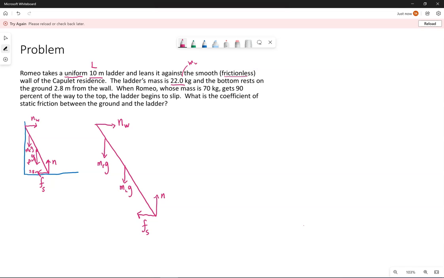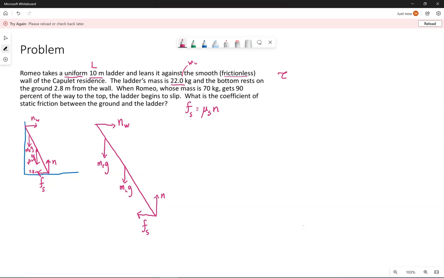All right, so ultimately to find the coefficient of static friction, that's going to come from the force of static friction. So mu times N, and specifically N with the ground, because that is where the friction is acting. So it needs the normal force at the same location. If I want the force of static friction, we can talk about torque.